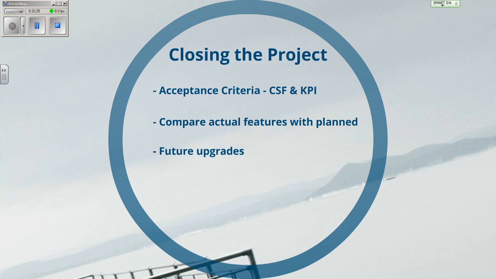It may well be that you've got a maintenance contract of some kind with the customer, in which case a future upgrade, future projects, future things to include, is usually a good idea to make notes of and include in your final project report.